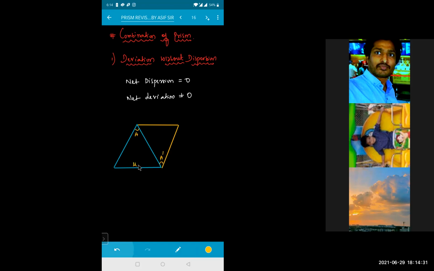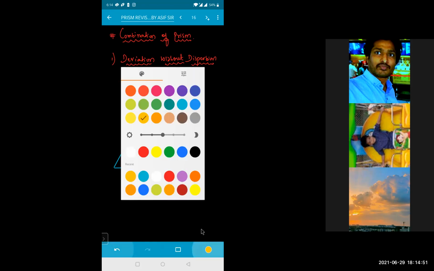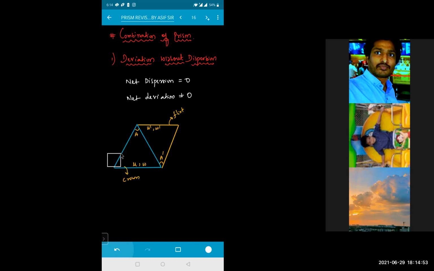If the refractive index of this one is mu, the refractive index of the other is mu dash. The dispersive power of this one is omega, and of the other is omega dash. Is it clear? This one is made of crown glass, and this one is made of flint glass.